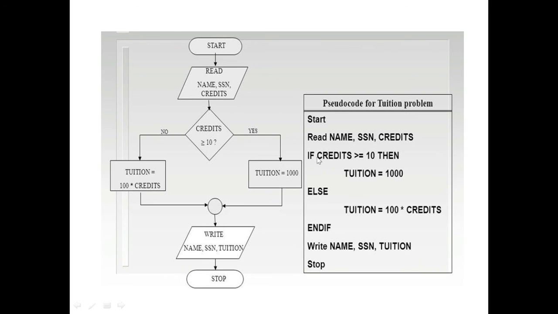One more thing: while using conditional or looping blocks, indentation is a must. Now this tuition has been indented by one tab, which indicates that this is a sub block of the if block. Sub block means it will be enclosed inside this if block.